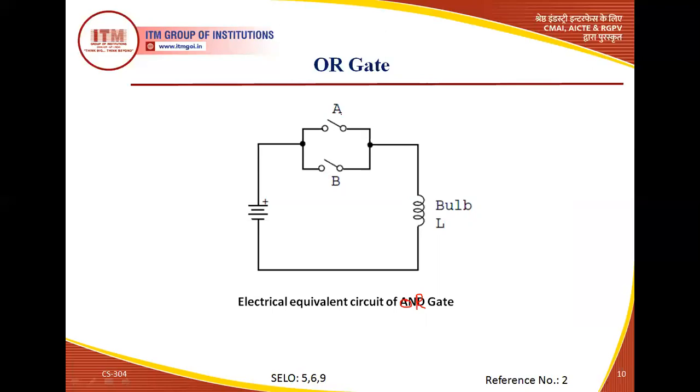And when both the switches are open, that means A and B equal to 0 0, then no path is completed and the bulb does not glow. That means we did not get the output high. So that is the electrical equivalent circuit of the OR gate.